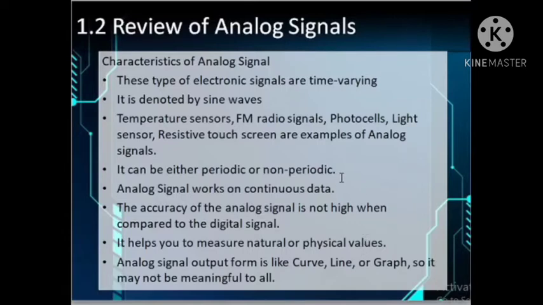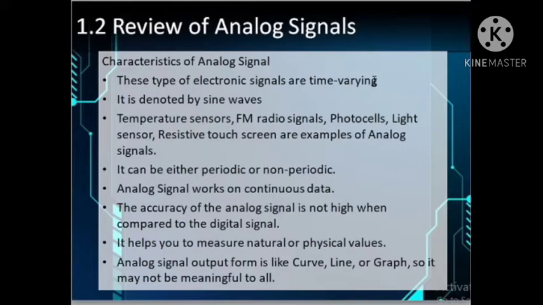You already know what an analog signal is, but here are the examples and characteristics of an analog signal. It is a type of electronic signal that is time varying, meaning it changes over time.